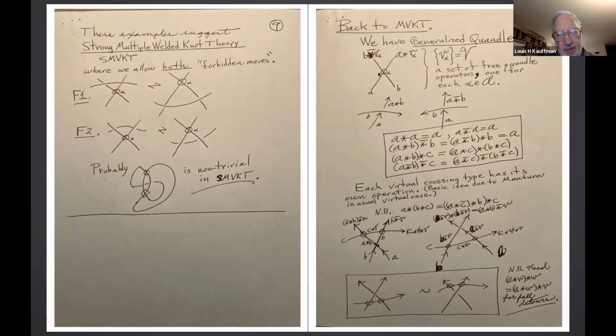But then at the virtual crossings, I will have an action of the free element that corresponds to that virtual crossing. So B here will go to B star bar V alpha, and A here will go to A star V alpha, according to the orientations, which I didn't draw, or according to left and right. I haven't been careful about my orientation in this diagram.